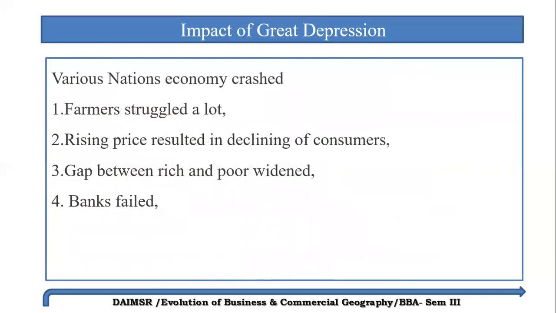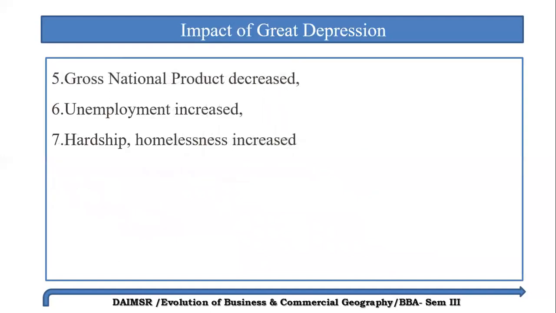So basically, during the Great Depression, farmers struggled a lot. Rising prices resulted in a decline in consumer spending. The gap between the rich and poor widened, and banks failed. And GNP, gross national product, decreased. There was unemployment and hardship and homelessness.